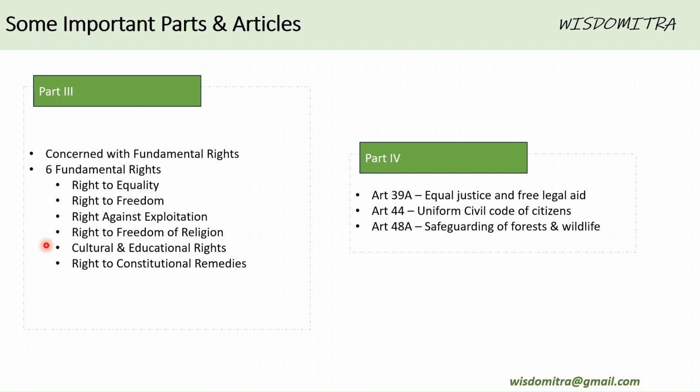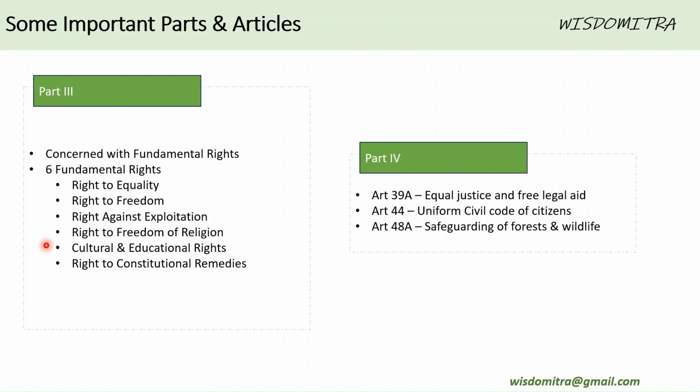It's not a fundamental right. And constitution has granted us 6 fundamental rights: right to equality, right to freedom, right against exploitation, freedom of religion, cultural and educational rights, and right to constitutional remedies.